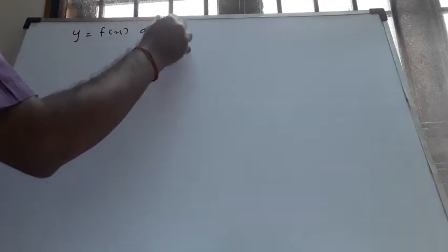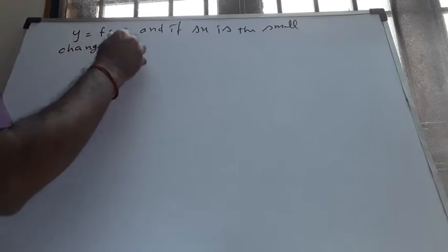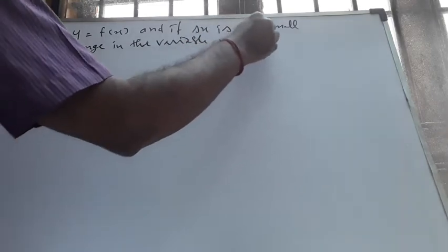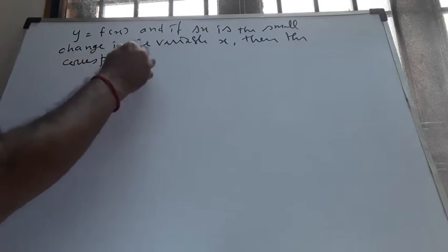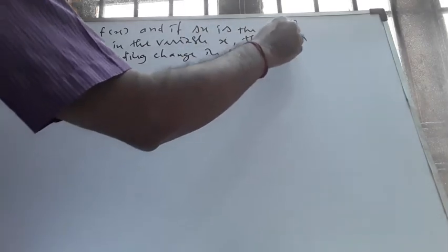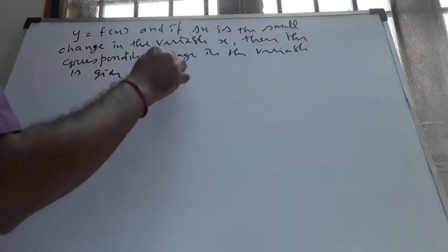Actually, the basic rule behind this particular topic is, if you are given a function y is equal to f of x, and if delta x is a small change in the variable x, then the corresponding change in the variable y is given by delta y.